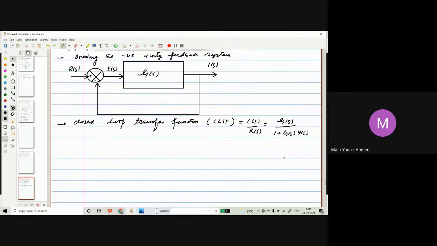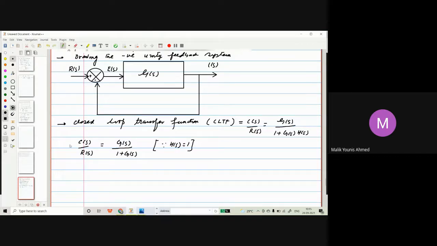Okay. So now C of S by R of S will be given as G of S divided by 1 plus G of S, H of S, because H of S here is 1. Unity feedback is there.